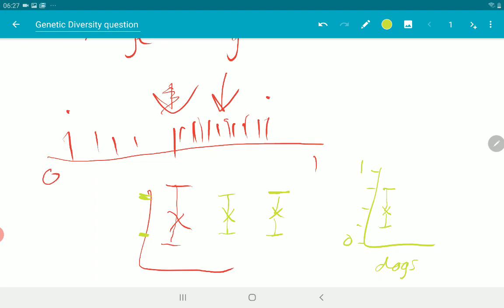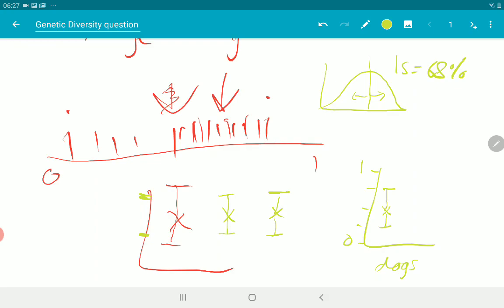If your spread of data is a normal distribution, then one standard deviation from the mean, that's one above and one below the mean, would incorporate 68% of the data.